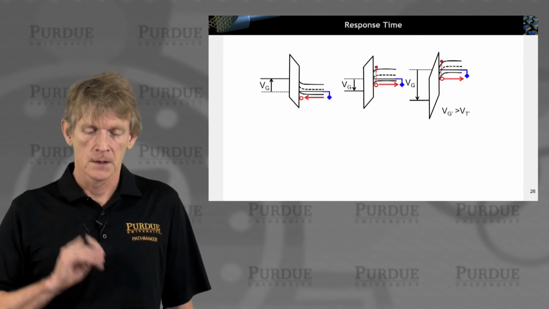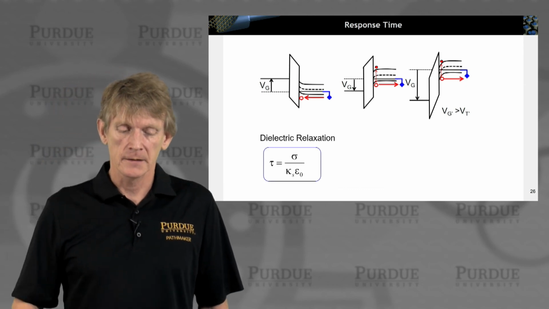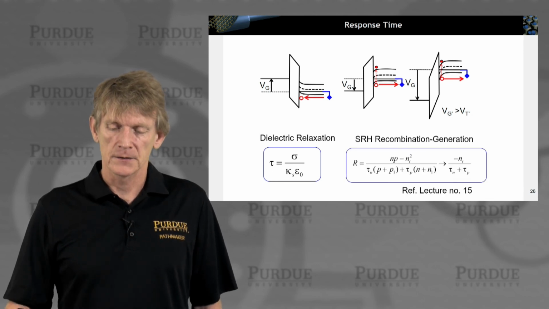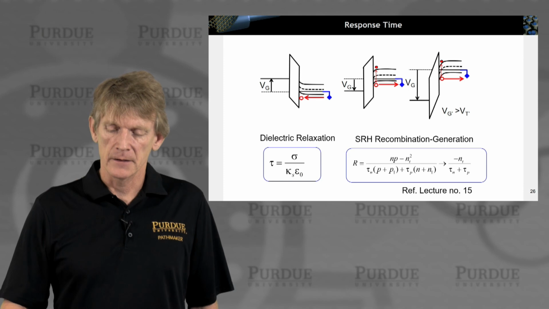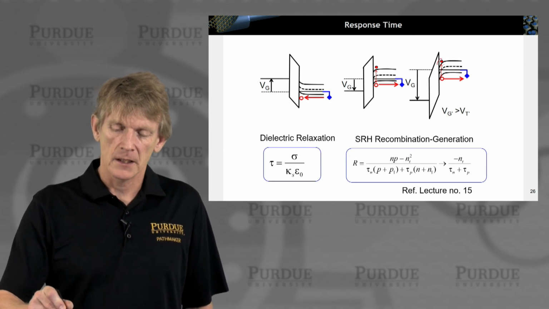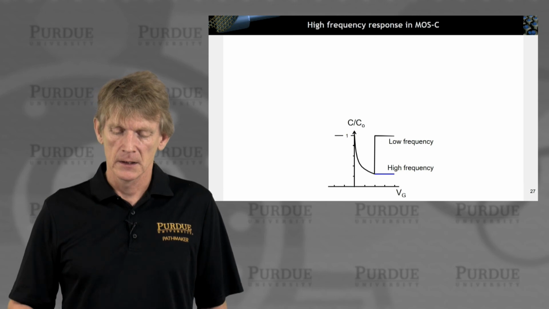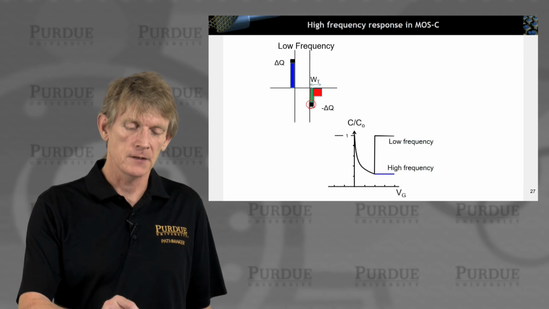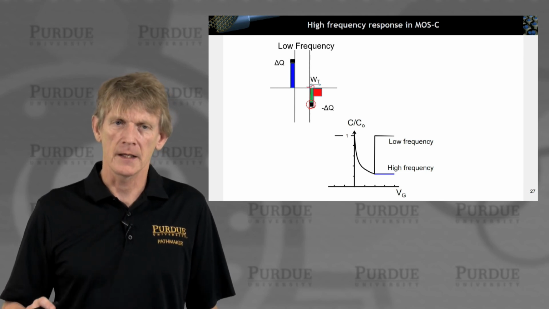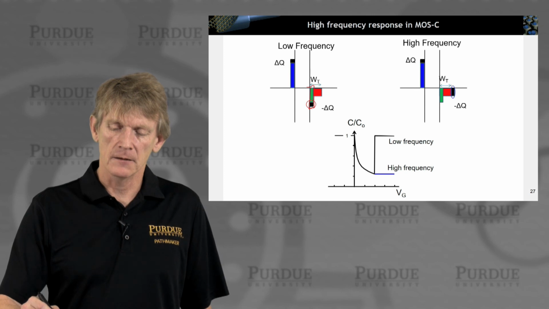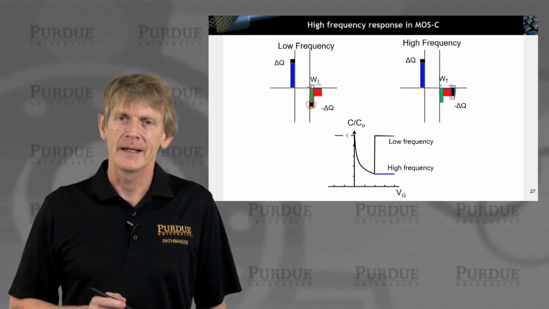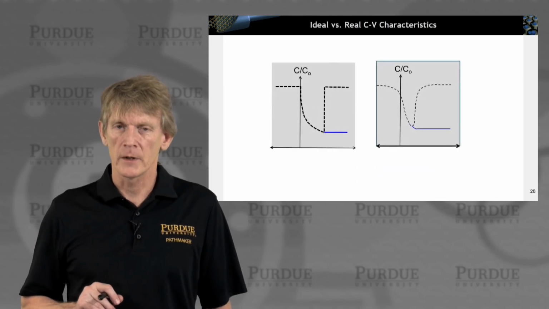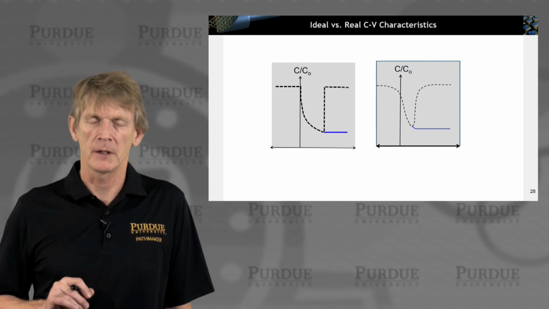So what happens here? Again, we have very fast response for the majority holes. But if we are in inversion here, these carriers up here just can't follow as fast, and we have this high frequency response. We do have charge sitting here, but it cannot follow the AC signal. The only thing that can follow the AC signal is out here at the tail end of the depletion region. That's how we have this high frequency response.